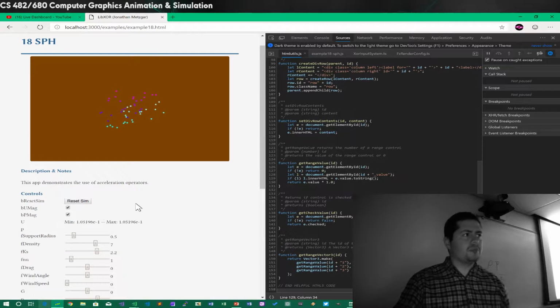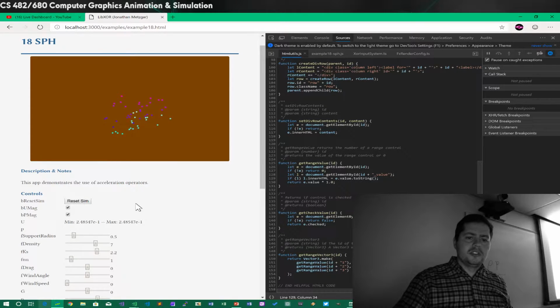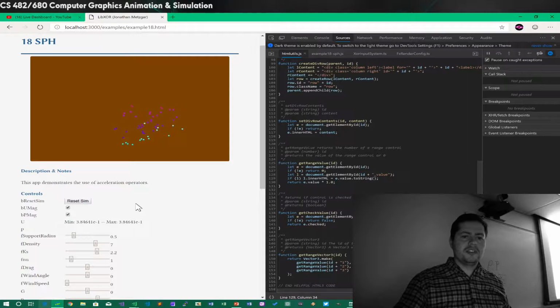In other words, you don't have particles on top of each other, because if the particles are on top of each other, that's going to cause the pressure gradient to go up, and that's why they're acting normally over here.